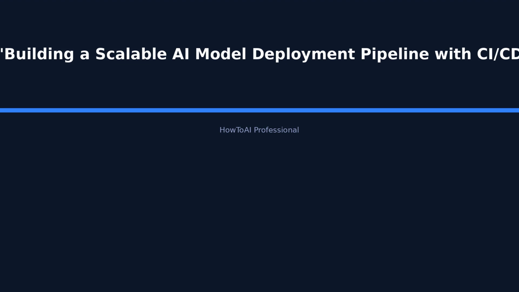Best practices. As we move towards the conclusion of our video, let's discuss some best practices for building a scalable AI model deployment pipeline with CI/CD automation. First, maintain clear documentation of your pipeline processes. This includes documenting your data sources, pre-processing steps, model architecture, and testing strategies.